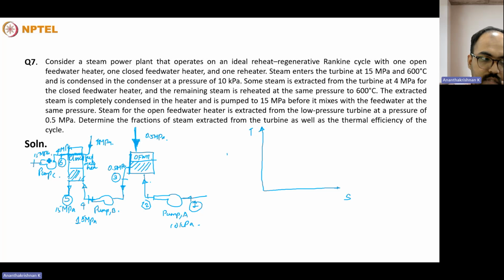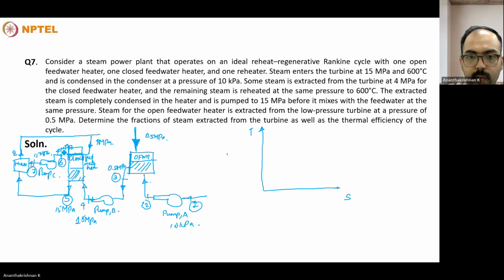So that particular point we can denote by 7, and then these two fluids mix in a mixer and give us 8. That is the input to the boiler.